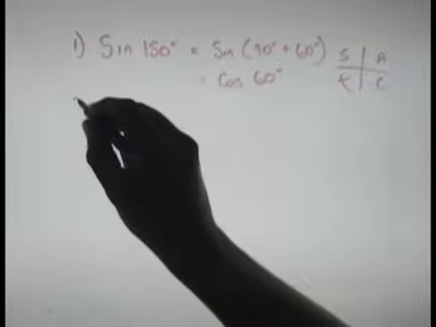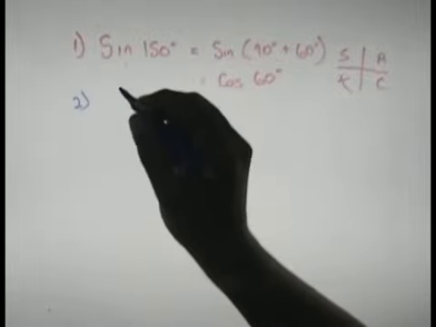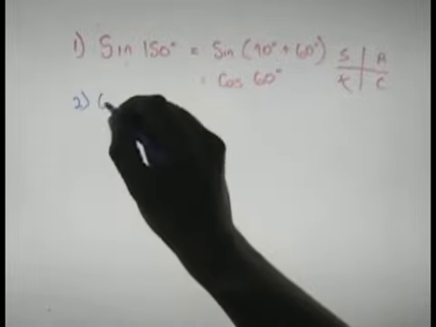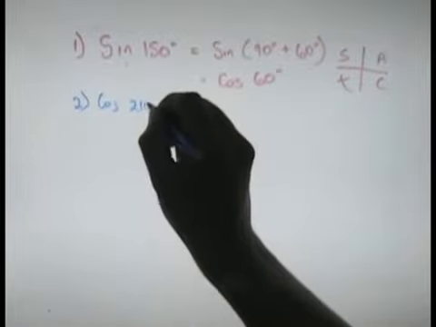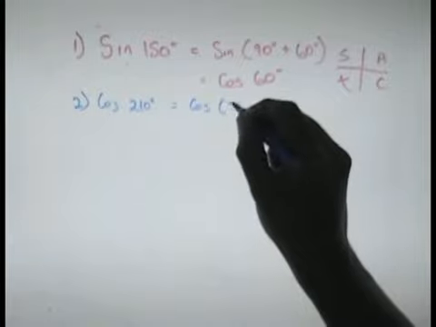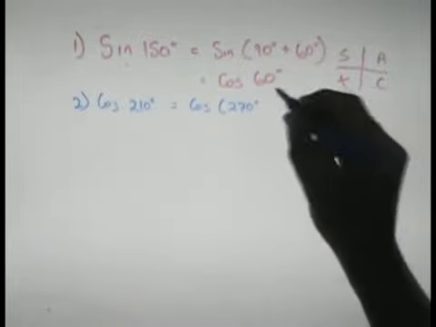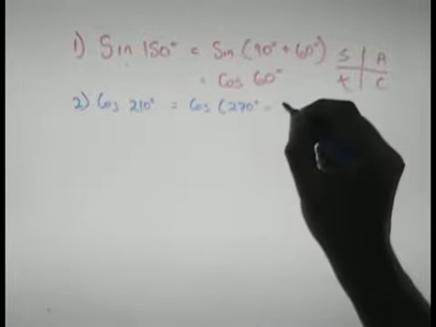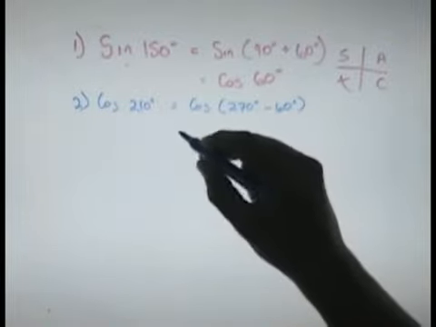Number 2. Cos of 210 degrees is the same as cos of 270 degrees minus 60 degrees.